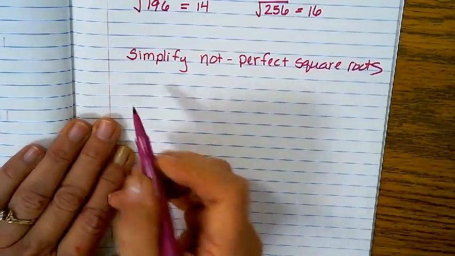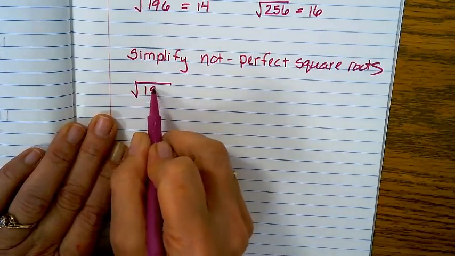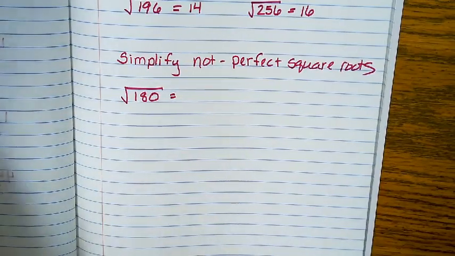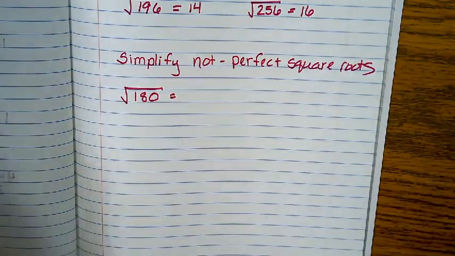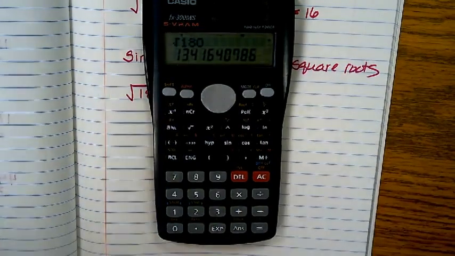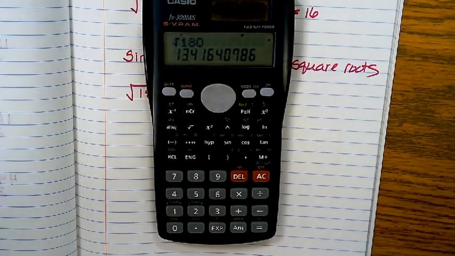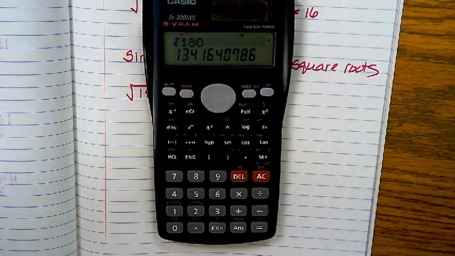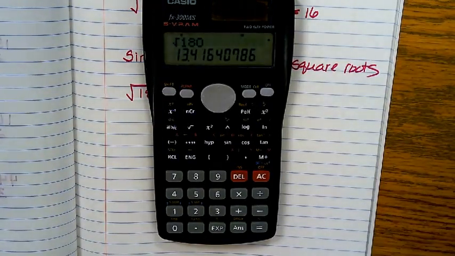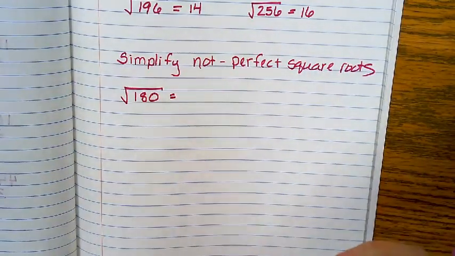So going back to the number that I put down originally, square root of 180. If you put that in your calculator and hit equals, it's a decimal. Well, for the work we're going to do, we're not going to change square roots into decimals, only into whole numbers. What we want to do is take all of the perfect square roots out of this.